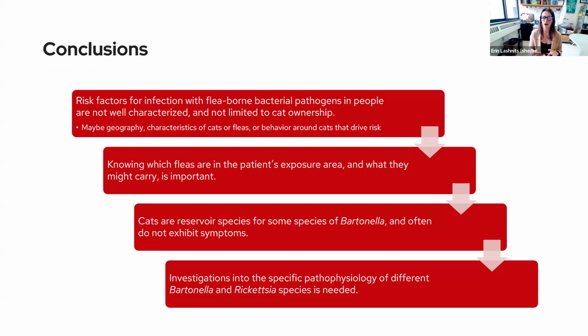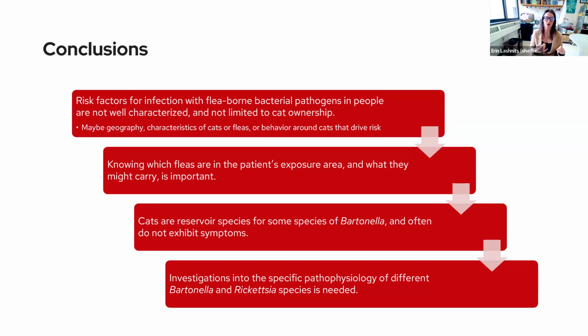And so we are still continuing to look at things like geography, certain characteristics of the cats themselves, the smaller cats, the male cats. Do they actually have some reason that these cats are more likely to be spreading pathogens, specifically Bartonella cleridiae, to their fleas? Or maybe it's something more about the behavior around the cats, people's behavior with cats that drive those risk factors.